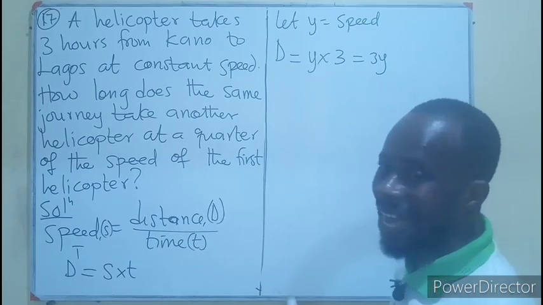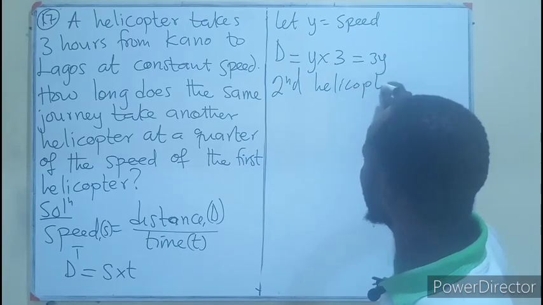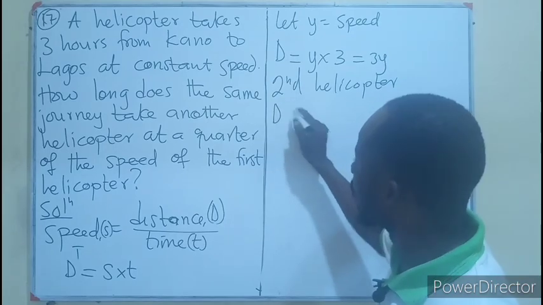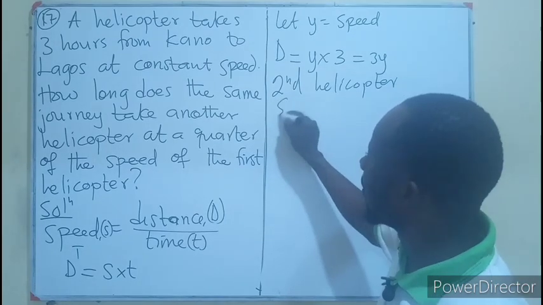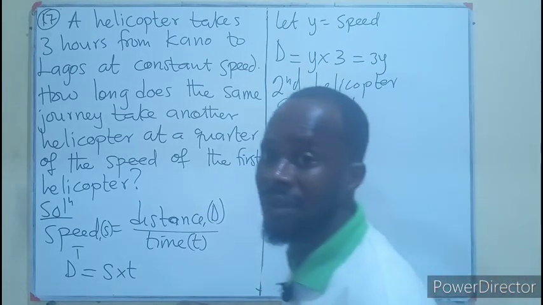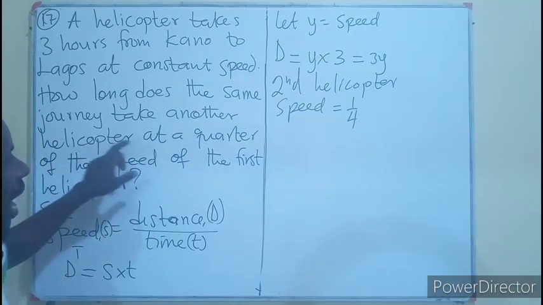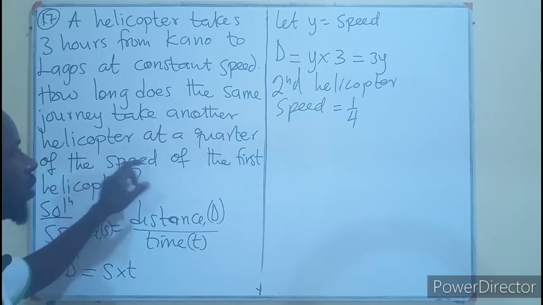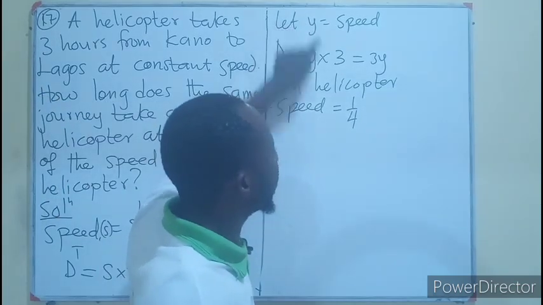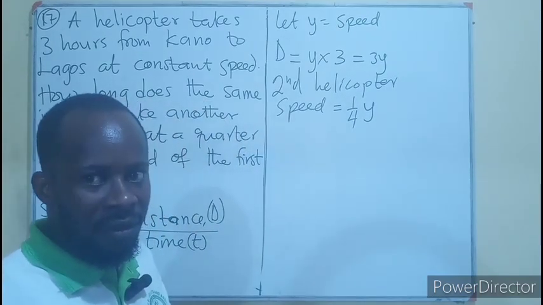So for the second helicopter, taking the same distance, we know that the speed of the second helicopter is 1/4, which is a quarter. They said the second helicopter is at a quarter of the speed of the first one. And the first one is what? Y. So it's going to be 1/4 of that speed.